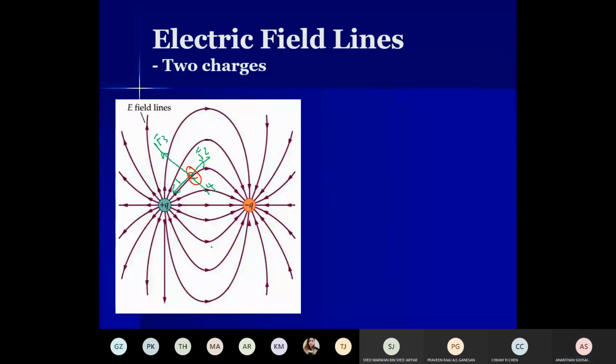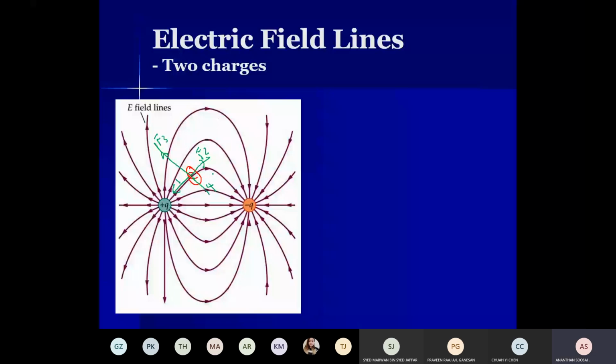Which way? An electron is placed here, at this location. There is a positive charge and a negative charge. This is what the field line looks like. The electron is placed somewhere on the line. So the electron will experience a force in which direction?